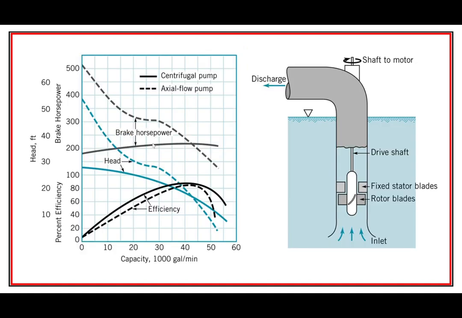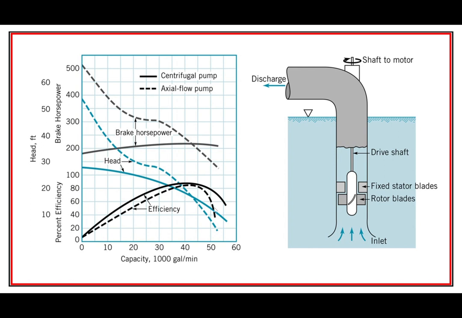Another graph, and this might also be useful in trying to determine whether you want a centrifugal pump or an axial pump. You can see some of the traits, that they behave a little bit differently in terms of the horsepower versus capacity, or head versus flow rate capacity, or the efficiency.